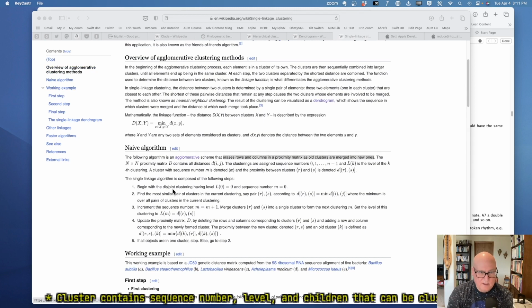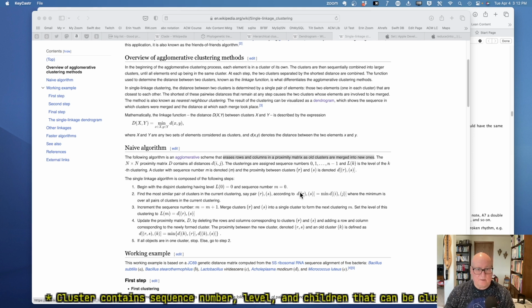It seems reasonable to ask a cluster, given a proximity matrix, according to this proximity matrix, what cluster is most similar to me?